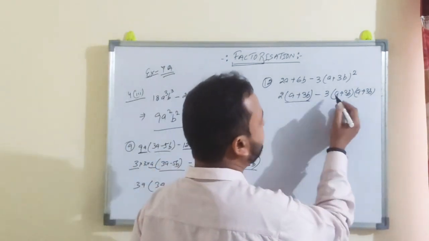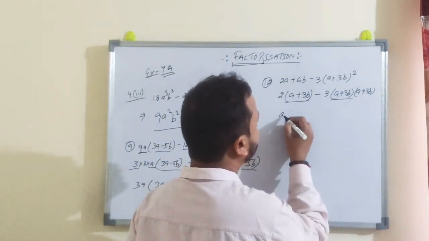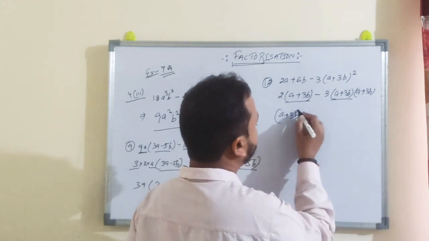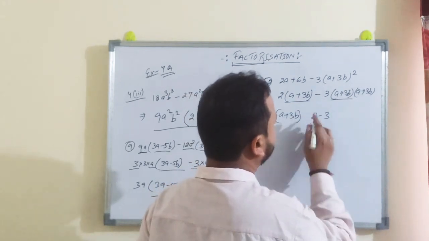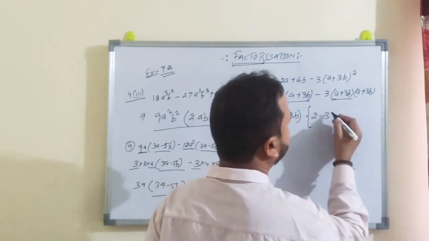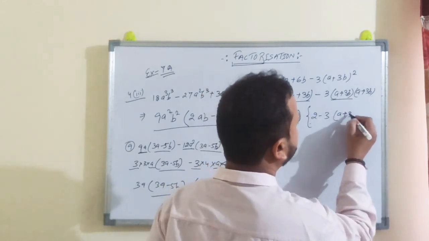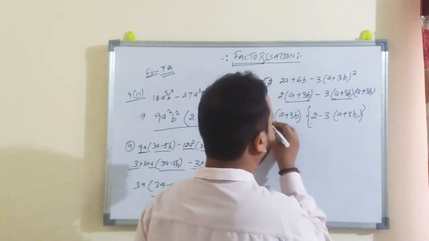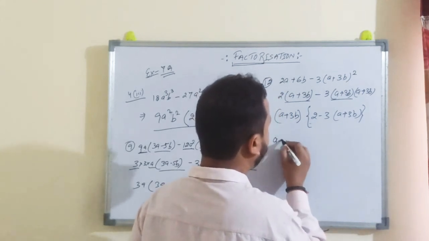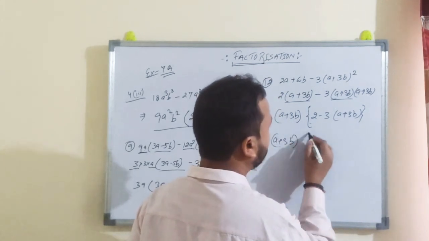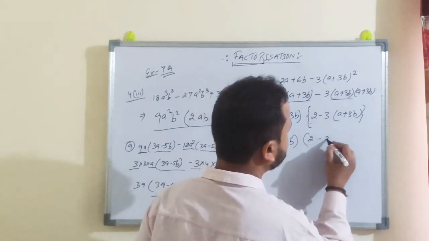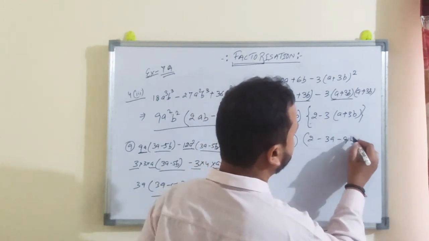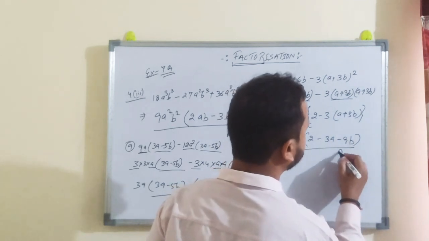So here a plus 3b is common, so a plus 3b you can take common, so 2 minus 3, just put curly bracket, a plus 3b, so a plus 3b in a bracket, and here you can open it, so 2 minus 3a minus 9b, right? This is your answer.